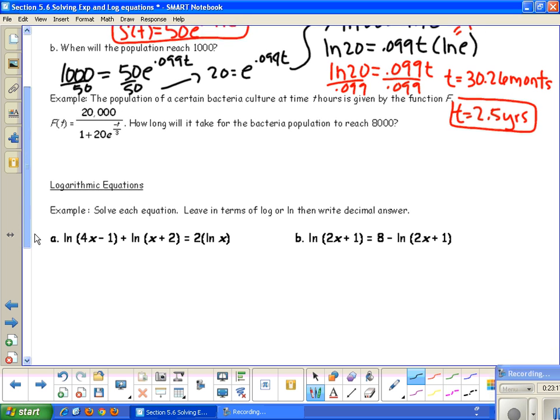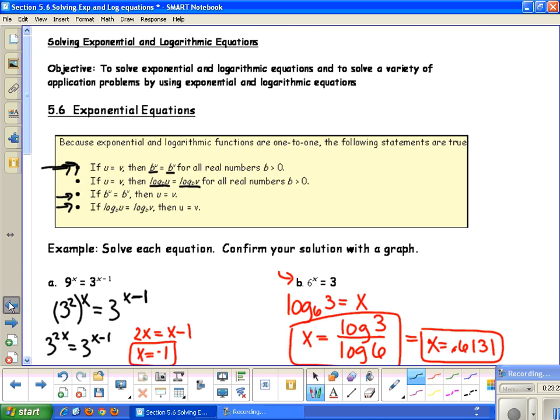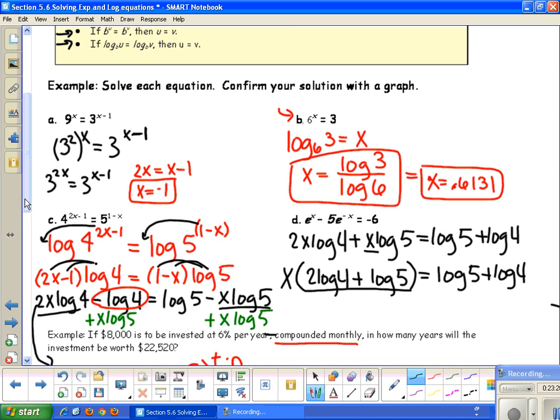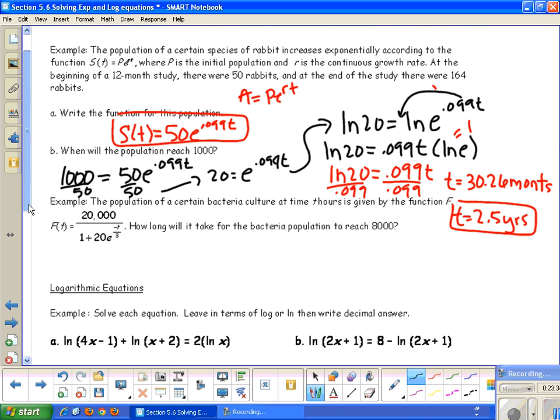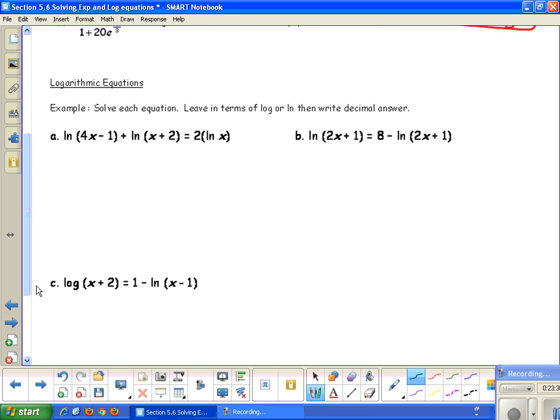Now the next ones we're going to do are logarithmic equations. Now these are different than the exponential equations. For the exponential equations, if I go back here, remember to solve, you try to get the same base. If you can't get the same base, then you have to write it in log form in order to solve. Now when we're doing logarithmic equations, if you can't get the same base to solve, then you're going to have to put it in exponential form to solve for the exponent.